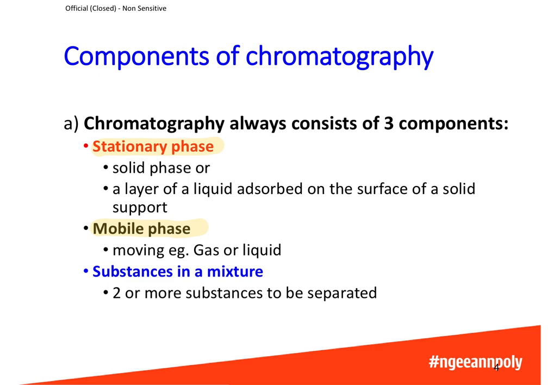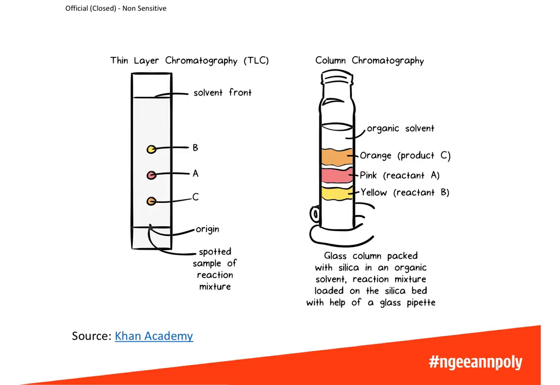So this is the phase that is moving, and it could be either a gas or a liquid. Then we also have the substances in a mixture that contains two or more substances that we want to separate using the chromatography. This image shows two types of chromatography, thin layer chromatography and column chromatography.